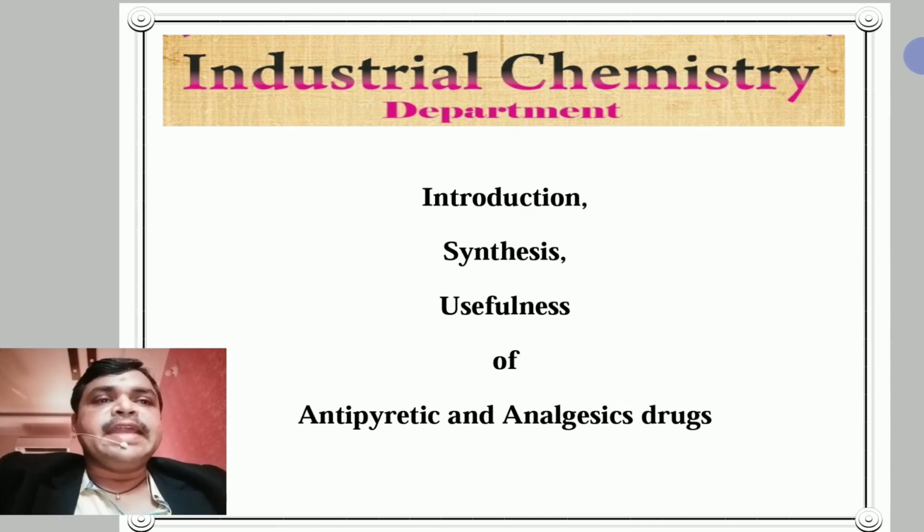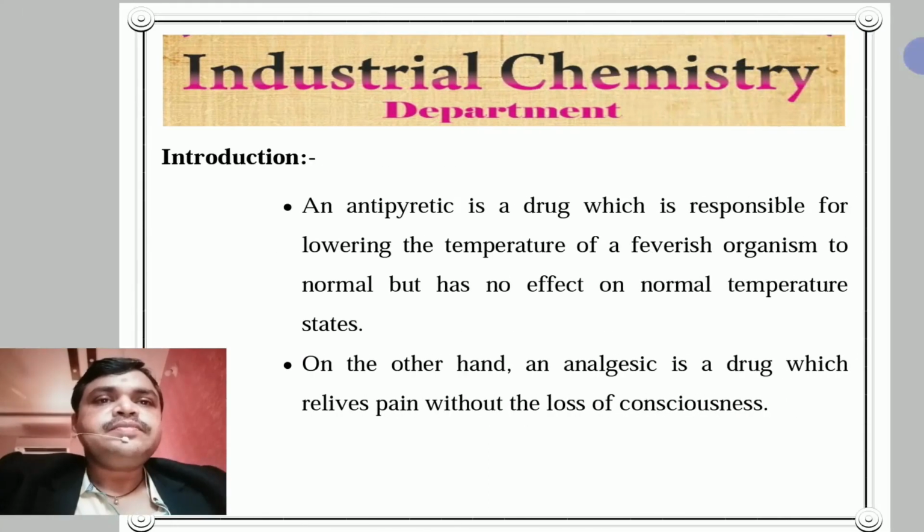Antipyretic and analgesic drugs. An antipyretic is a drug which is responsible for lowering the temperature of a feverish organism to normal, but has no effect on normal temperature states.